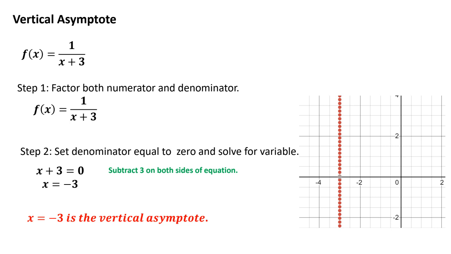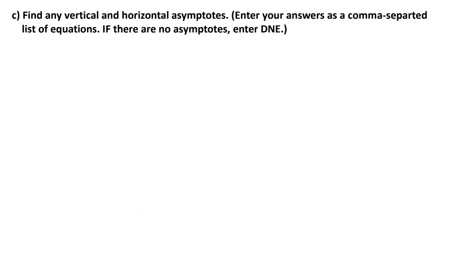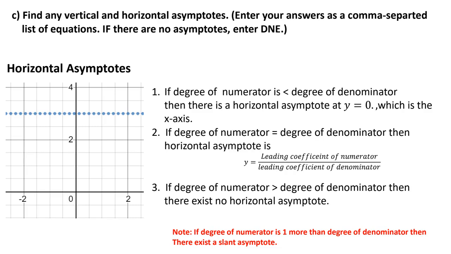Now, for our horizontal asymptote, there are several different cases that will determine what it is. There are three cases, or three points, that I like to think of that will tell us what our asymptote is.